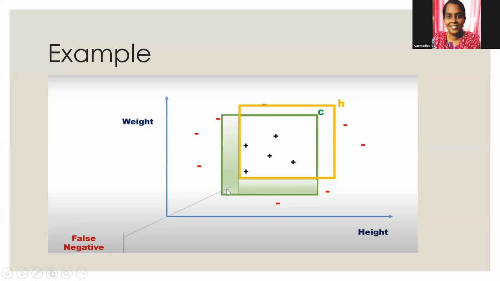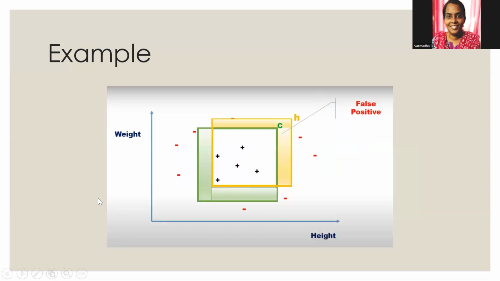So in between these regions, we have the misclassification. This green shaded region, according to the concept, is positive, but as per the hypothesis, this is classified as negative. Therefore, it is a false negative.